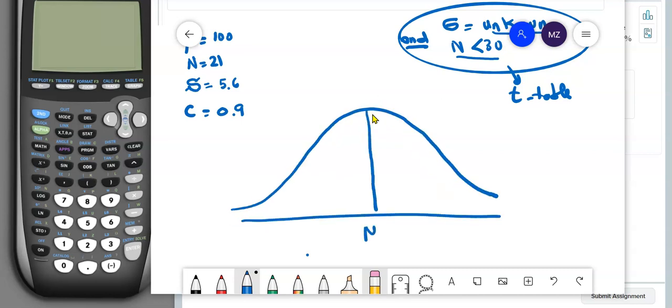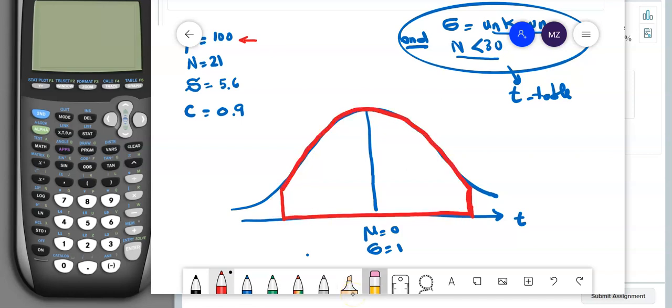This is going to be the mean. It's going to be 0. Sigma is going to be 1. This is going to be the t values. And what I'm trying to do is define the 90% confidence interval. And the 90% is going to be in the middle. So we don't have a right tail or left tail. This is the mean equals 100 basically here, right? So this is the 90% confidence interval.